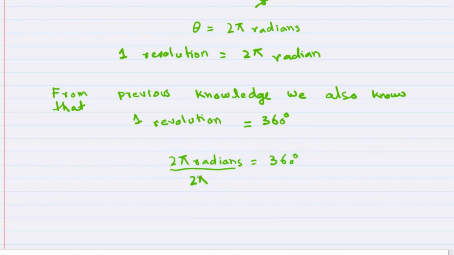Dividing both sides by 2 pi, we get that 1 radian is equal to 360 degree divided by 2 into 3.14, as the value of pi is equal to 3.14.